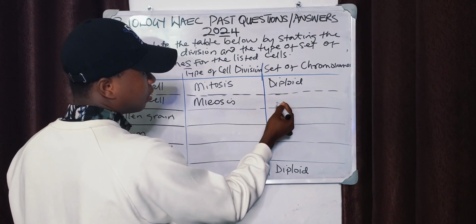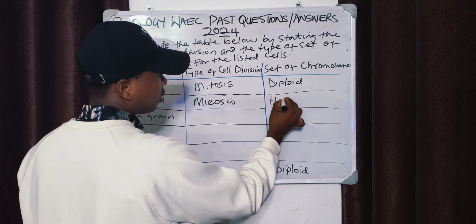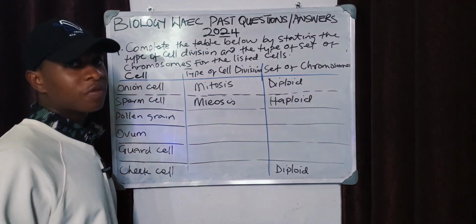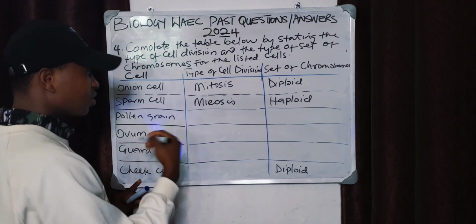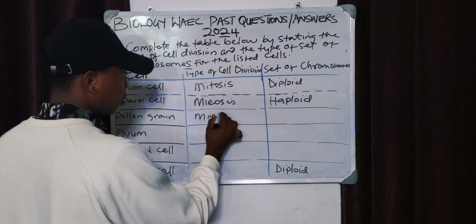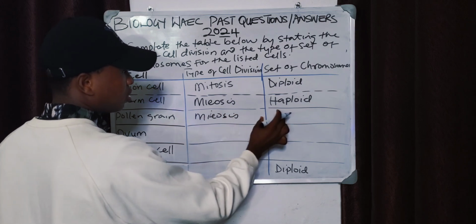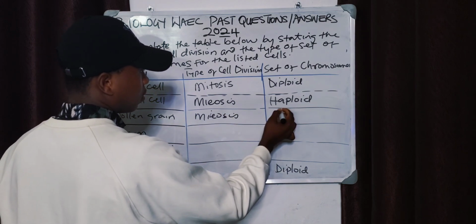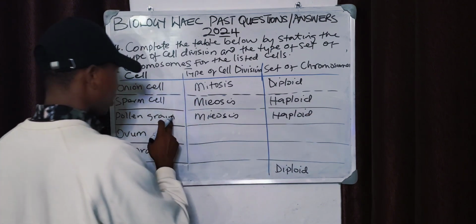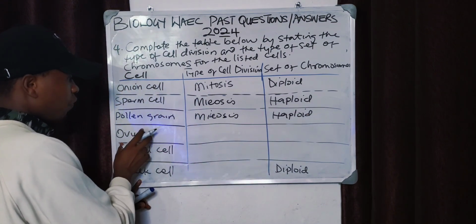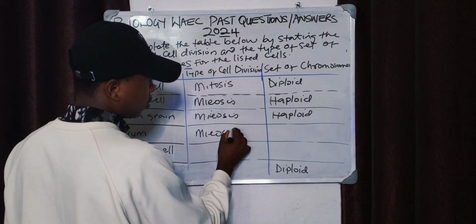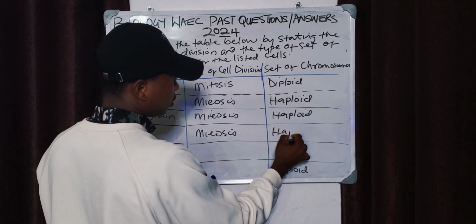And the set of chromosome here will be haploid because it contains just one set of chromosome. Pollen grain is also a reproductive cell. So meiosis, then it is also haploid, reproductive cell in plants. Ovum, meiosis and haploid.